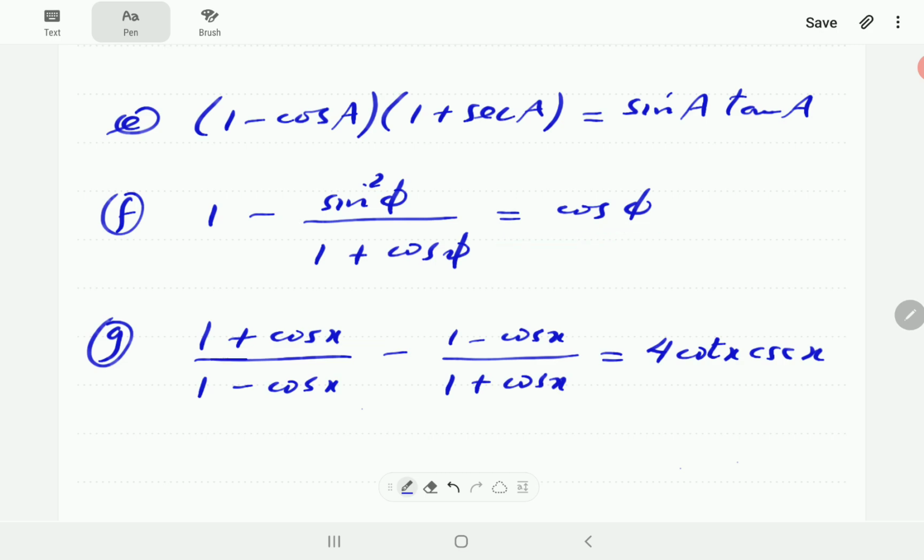And then in G, you've got (1 + cos x) over (1 − cos x) take away (1 − cos x) over (1 + cos x). This is equal to 4 cot x cosec x. So if you just want to pause the video and have a go at them, and then later you can compare with our answer.